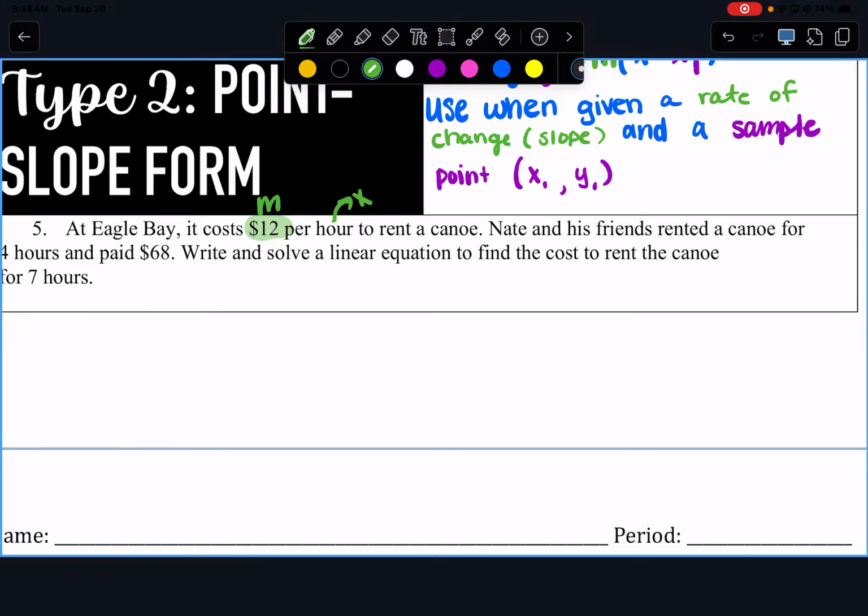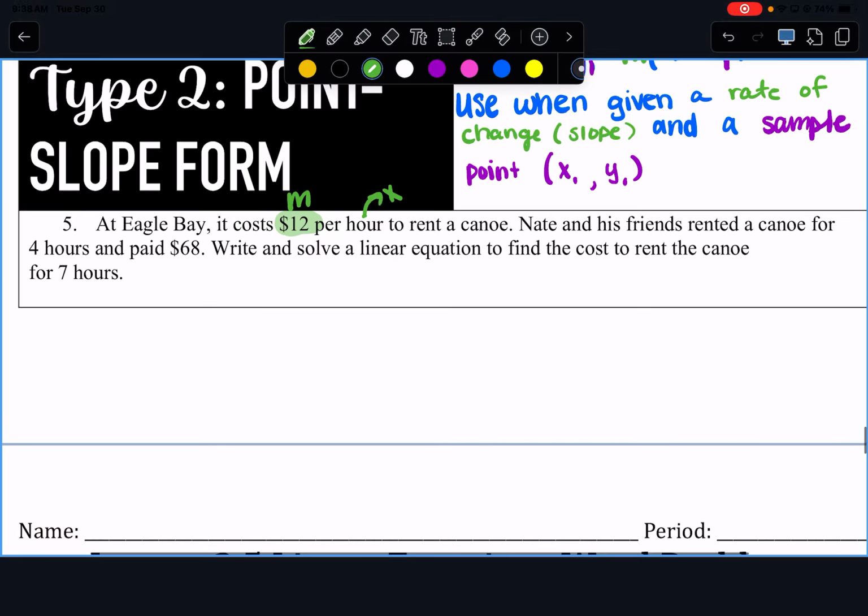And it says Nate and his friends rented a canoe for 4 hours and paid $68. So it tells us exactly what happens when you rent one for 4 hours and how much money it is. So what would that be an example of? That would be our point, because it gives us both the hours and the money.